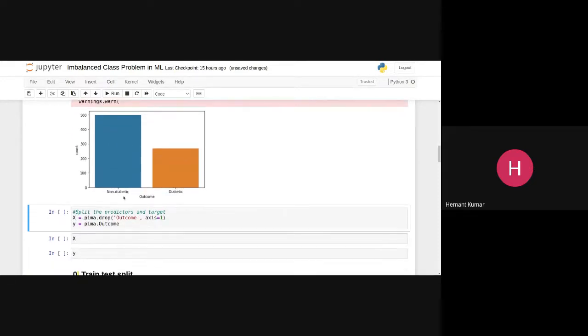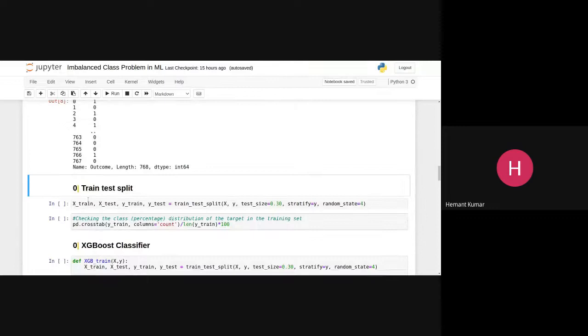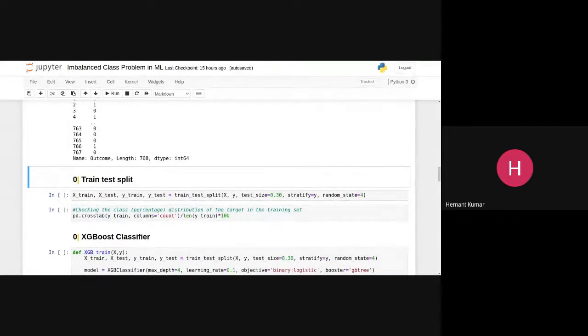Then we split our dataset into X and Y, the training features and labels. An important point: in any machine learning problem, and for any approach to removing imbalance, the first thing we do is split our dataset into train and test.